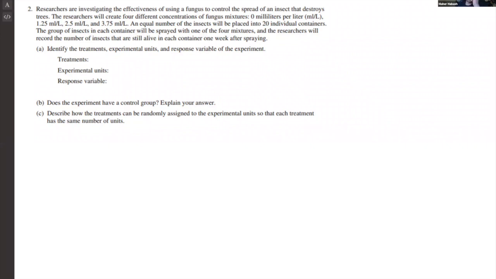So you could label each container with an integer from 1 to 20 and randomly create a plan where I print out a randomly generated list of numbers and do what comes first. So if I see the number 1, I'm going to do that. If I see the number 2 or number 18 first, and had you assigned them a number originally, you allow the random number generator to pick the order, and that order will allow them to get split into the groups. So random assigning, that would be the easiest way to state that.